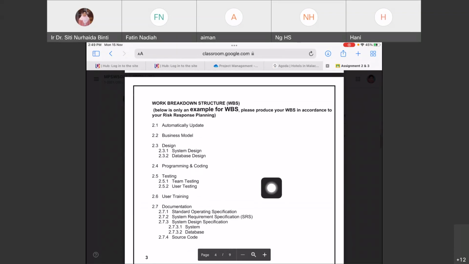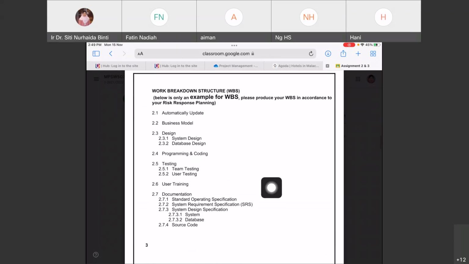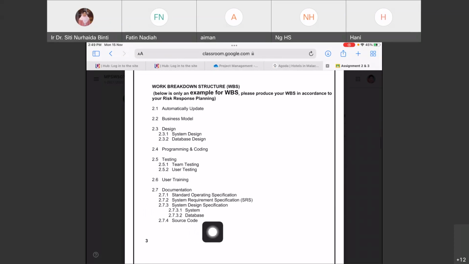And we move on to the work breakdown structure. How are we going to take action on what we have planned in your risk response planning? We systematically write down the activities and further break them down into lower hierarchies. Over here, you can see I can further break it down into 3 levels of hierarchy so that we can get to the elemental activity.